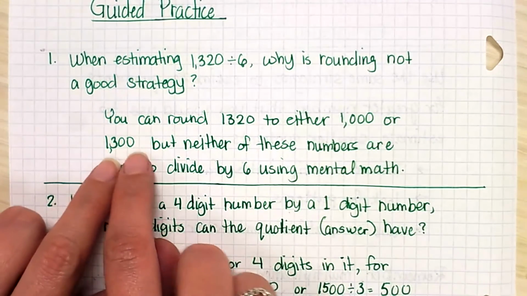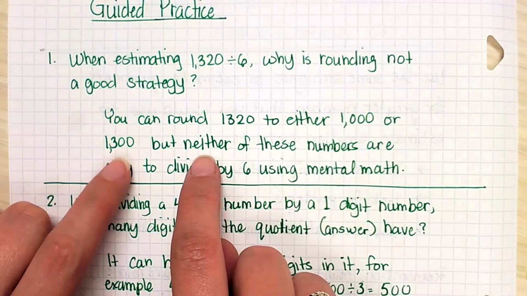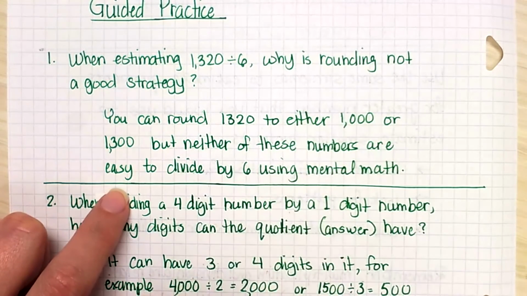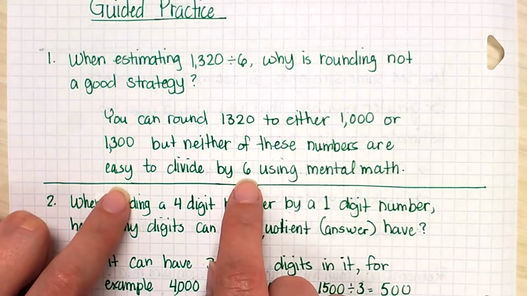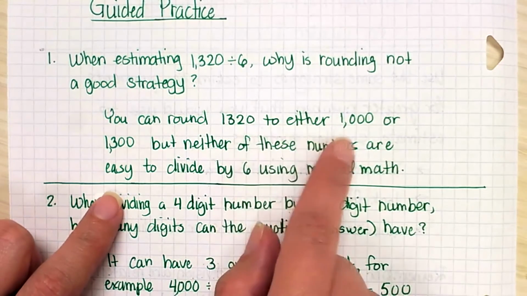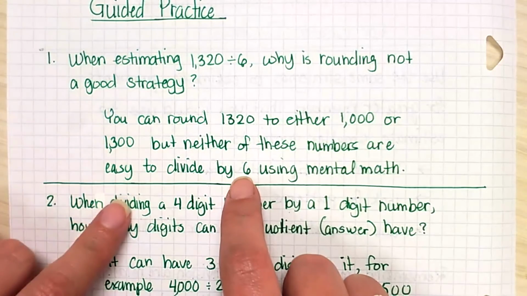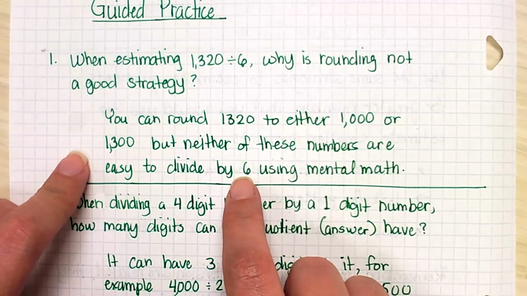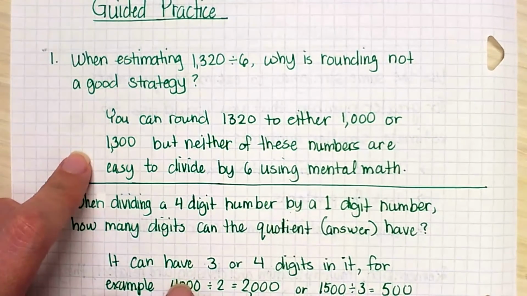The problem here is 1,000 and 1,300 are both numbers you can round to, but neither one of those numbers is going to be easy to divide using mental math when you're dividing by 6, because 1,000 doesn't divide by 6 evenly, and 1,300 doesn't divide by 6 easily. That's why for this question, we used compatible numbers and used 1,200, which doesn't follow the rounding rules.